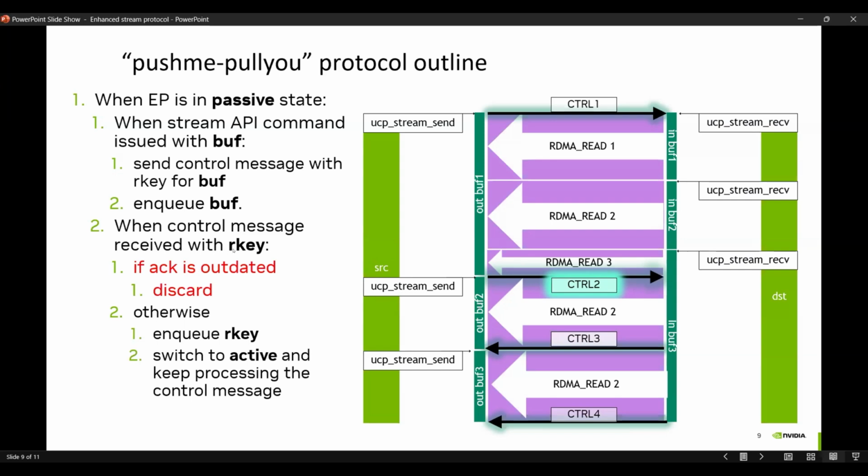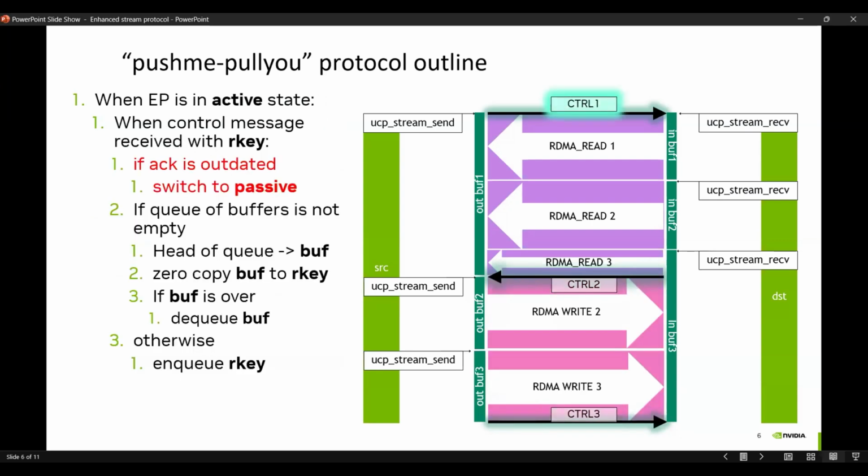If we get a control message, it means that we should transit to active. We queue it and transit to active, and then as an active side, we keep working just as if we had just received it. So we actually jump to this point.